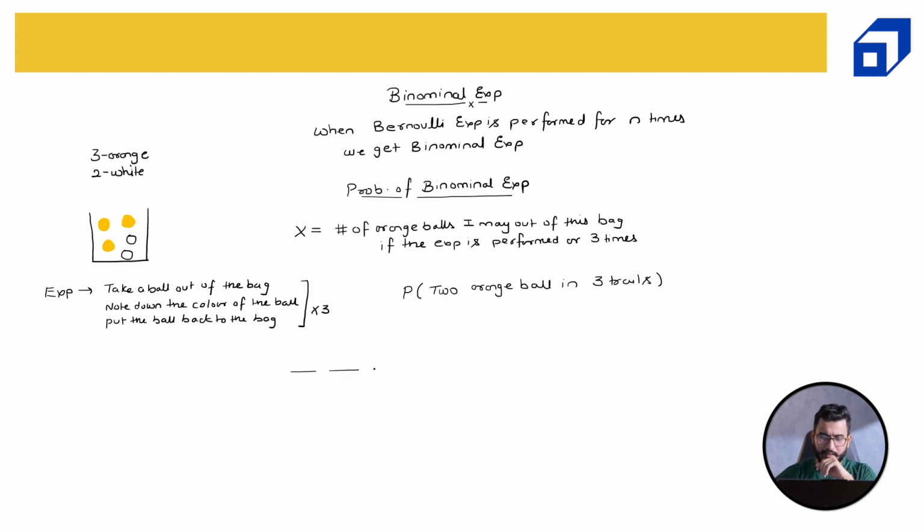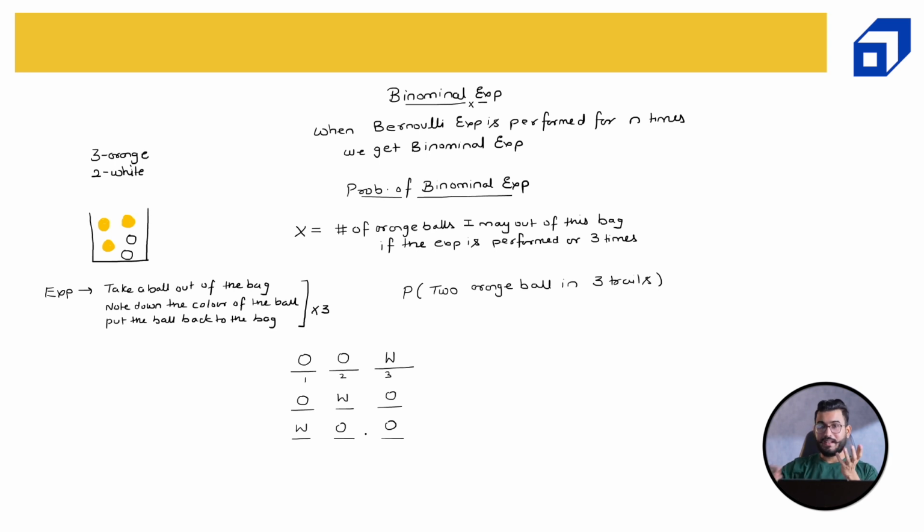This is my trial number 1, 2 and 3. Let's say for the first 2 trials I obtained orange, so let me write OO, and then I obtained a white ball. Then for the next, first orange, then white, then orange. Then for the third, white, followed by orange and orange. So these are the 3 possible combinations I may get out of this experiment.